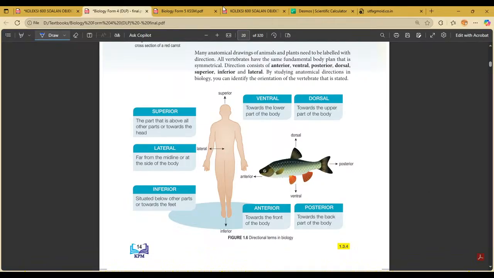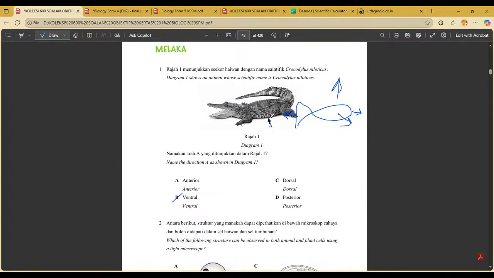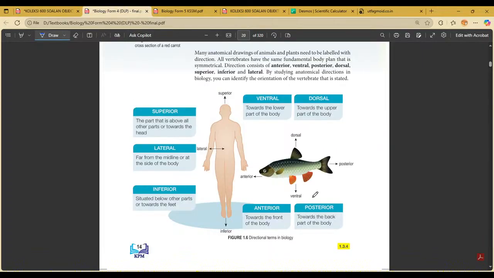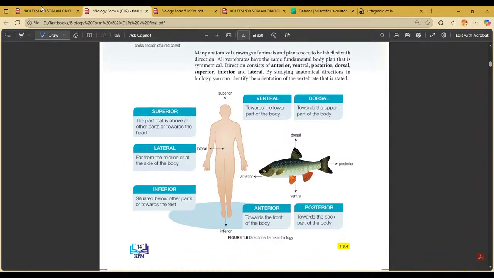Ventral is towards the lower part of the body. No, anterior is the front. Posterior is the back. Hmm. Fair enough, I guess.